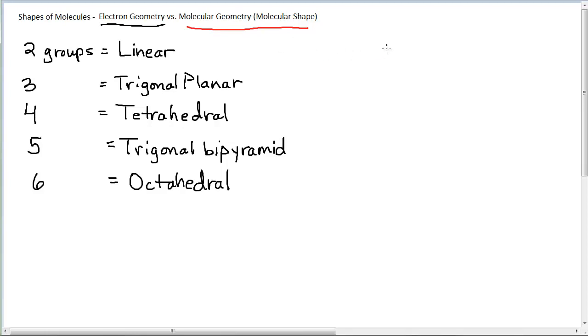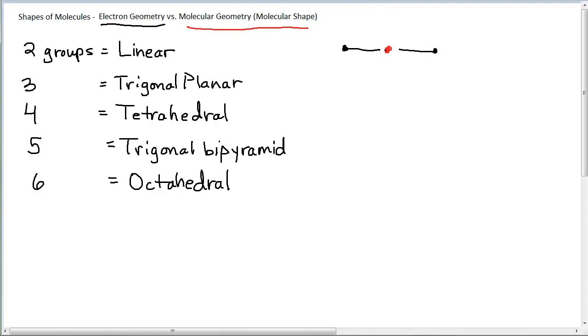For example, if there are 2 groups around the central atom, there's my central atom, and I have 2 groups, which means those groups are going opposite of each other in a linear arrangement. If both of those groups have atoms attached, I still call the molecular geometry or the molecular shape linear because the 3 atoms form a line.